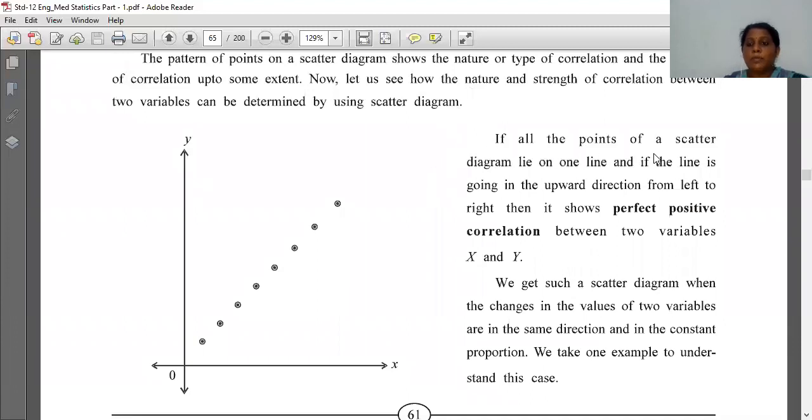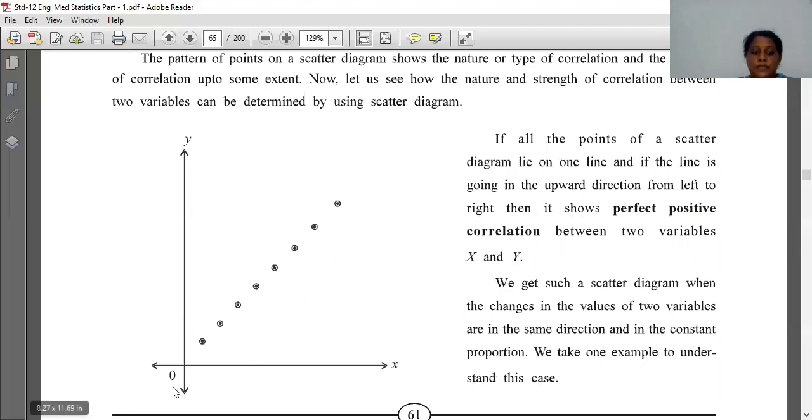Now, if all the points of a scatter diagram lie on one line, and if the line is going in the upward direction from left to right, then it shows a perfect positive correlation between two variables x and y. Okay, we get such a scatter diagram when the changes in the values of two variables are in the same direction and in the constant proportion. We take one example to understand this case.